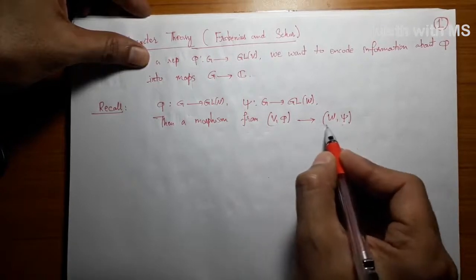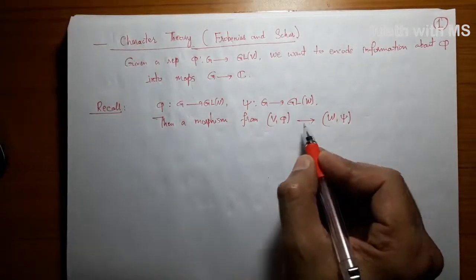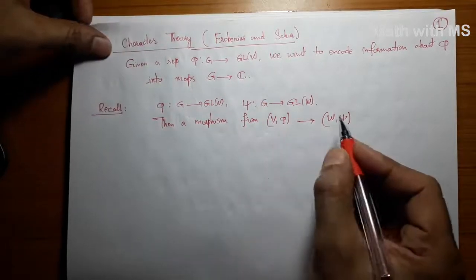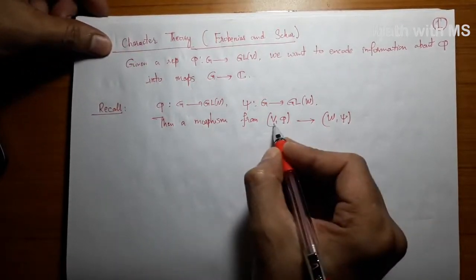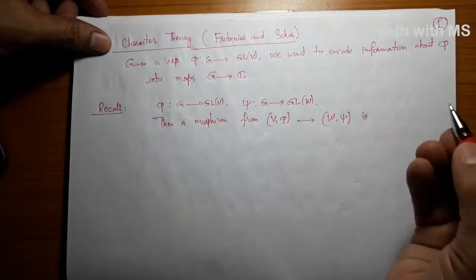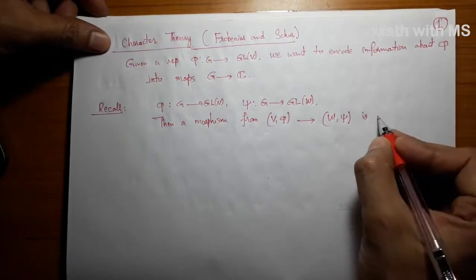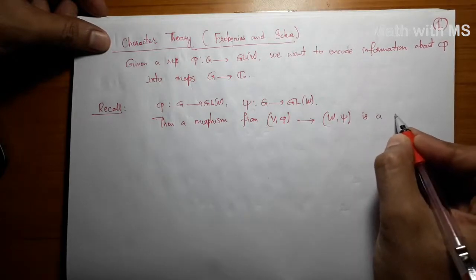Just for clarity, I'm writing V also, although many books will not write it. A morphism from one representation to another, in some books also called an intertwiner or an equivariant map, is a linear map.